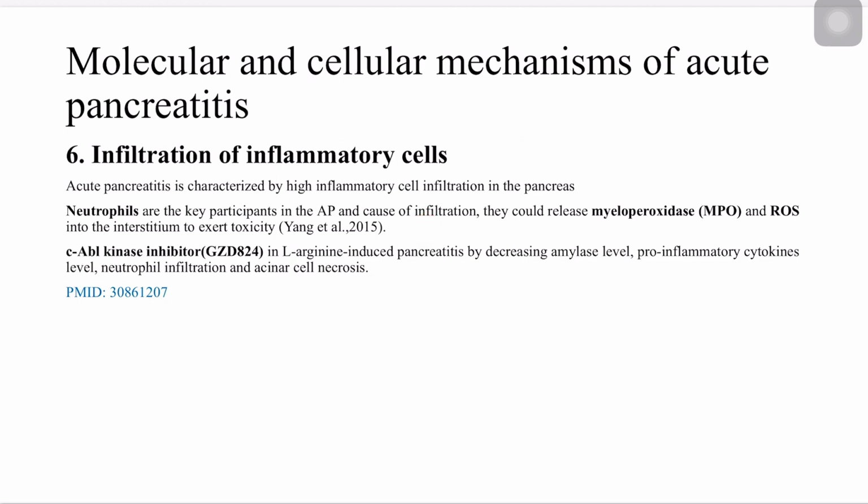See ABL kinase inhibitors like GZD824 in L-arginine-induced pancreatitis. We see in the experiment decreased amylase level and decreased pro-inflammatory cytokine level, and also affecting the neutrophil infiltration and also acinar cell necrosis.